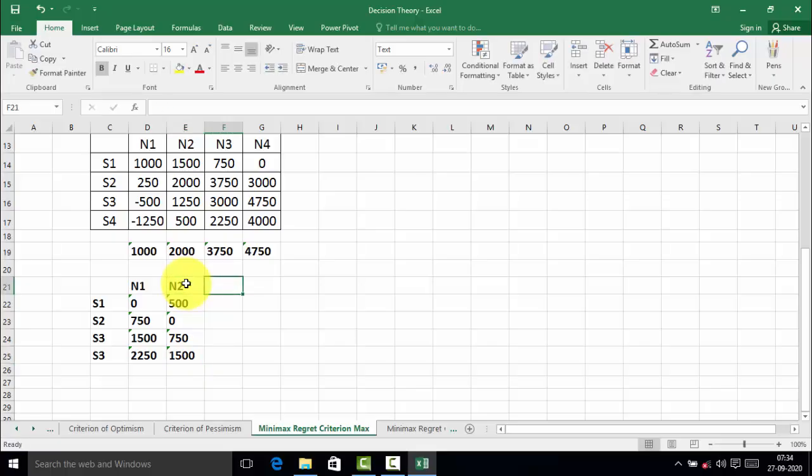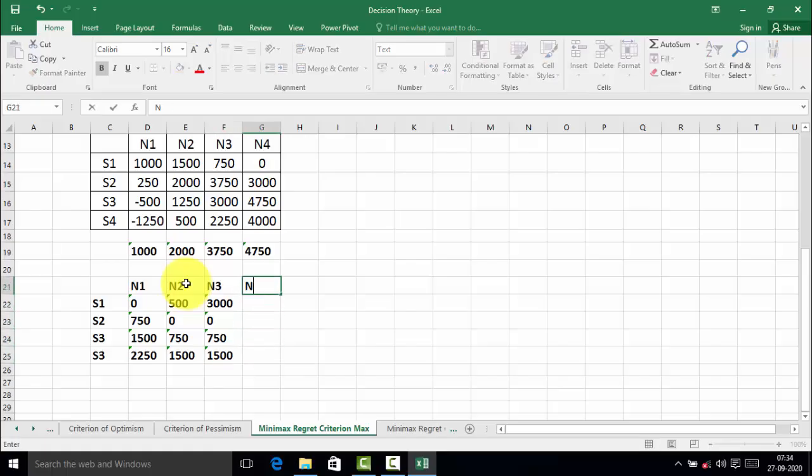Now N3, the third column of the regret table: 3750 minus 750 is equal to 3000. 3750 minus 3750 is 0. 3750 minus 3000 is 750. 3750 minus 2250 is 1500.